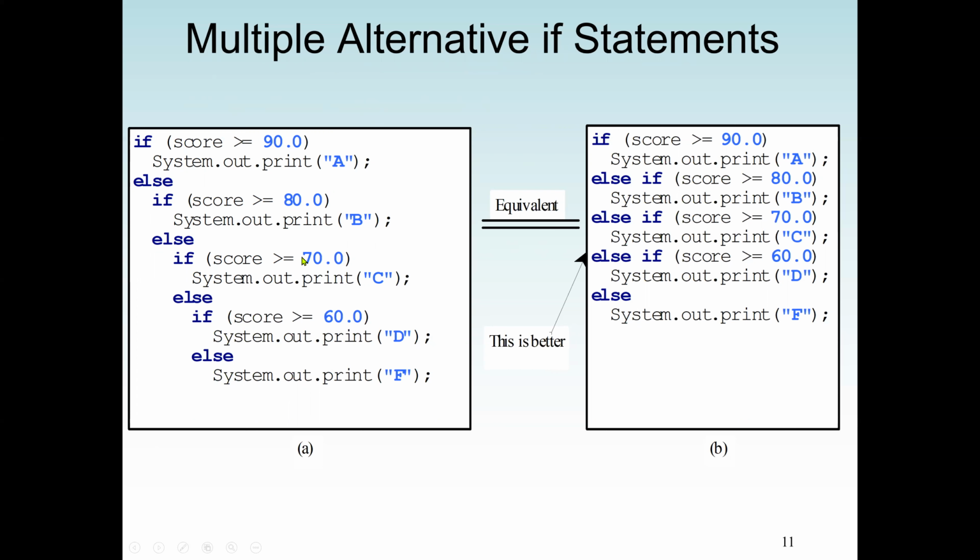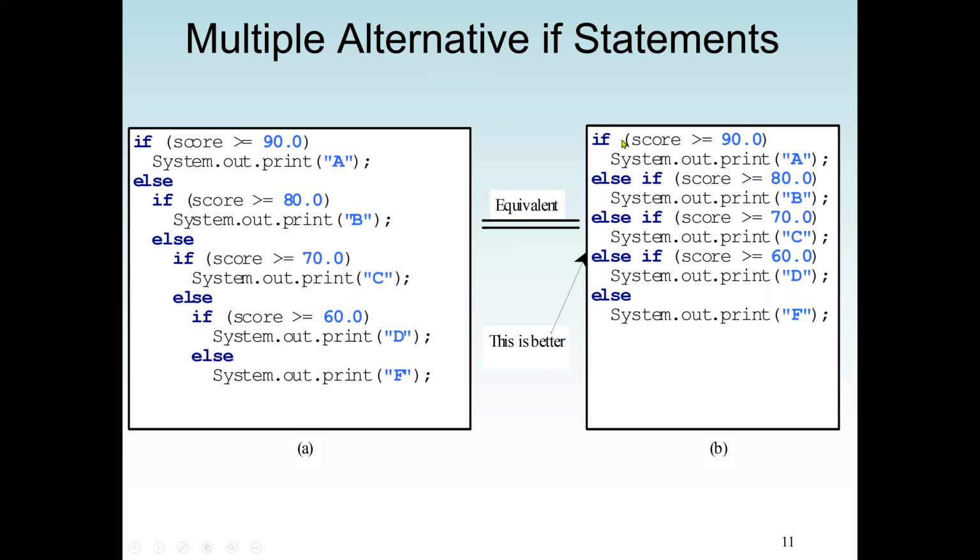It will check for 70, 60. And if it happened that somewhere along the line is true also, then we have two statements. So else if, the advantage of it is that if any of the conditions is true, we're going to break away from the if-else expressions.